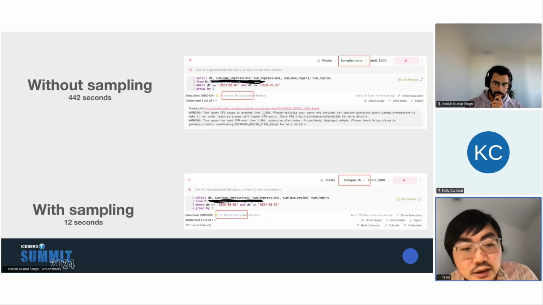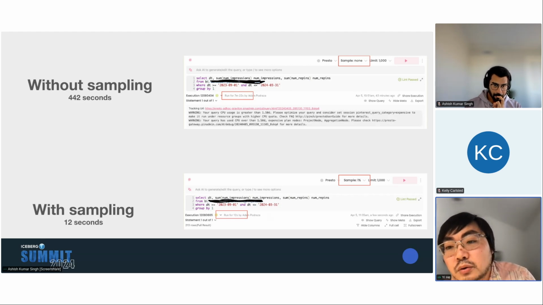This slide shows how our UI looks for enabling sampling for user queries. When sampling is selected by the user, the query is rewritten underneath and sent to the query engine, and we can clearly see a significant difference in the query runtime.